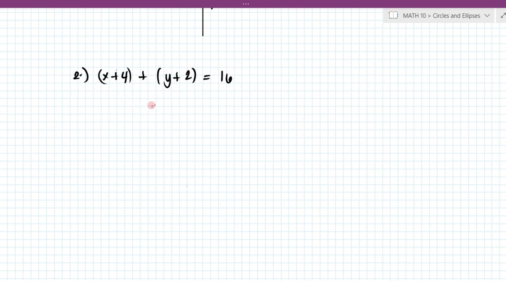Just like what we have done earlier, we need to find first our r squared, which is 16. And to find r, get the square root of both sides, so r is equal to 4. Then our center of the circle: we have 4, so we have negative 4, and we have 2, so we have negative 2. Now we can start graphing our circle.